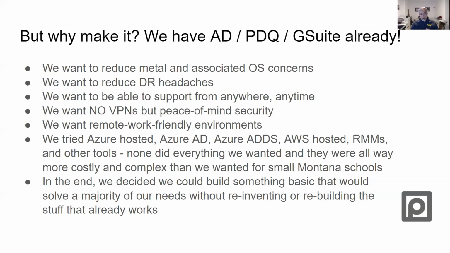We looked at AWS hosted, which was actually the closest to what we wanted, but we still had all of our operating system concerns to deal with, and there were still VPNs at play in order to make it work the way we wanted. And we looked at some other RMMs. None did everything we wanted, and all of them that were close were either too expensive, too complex, or both.